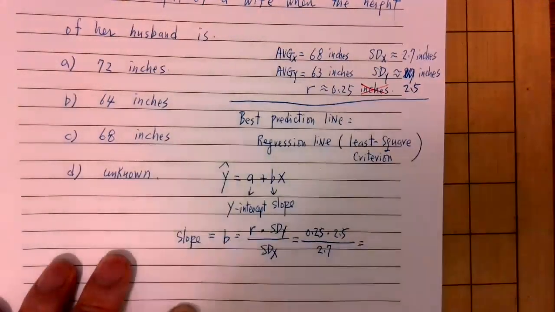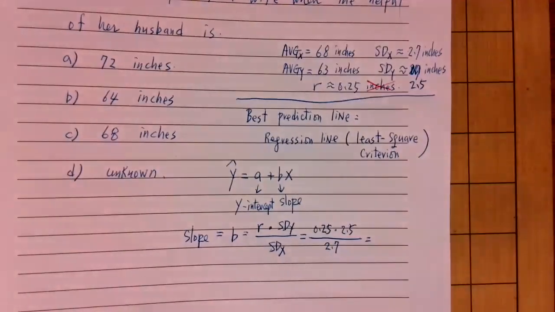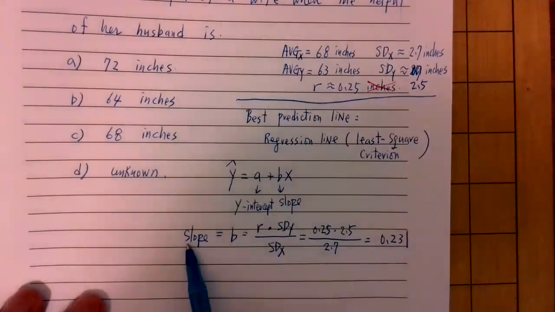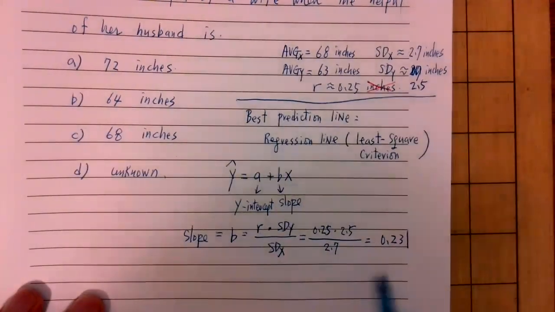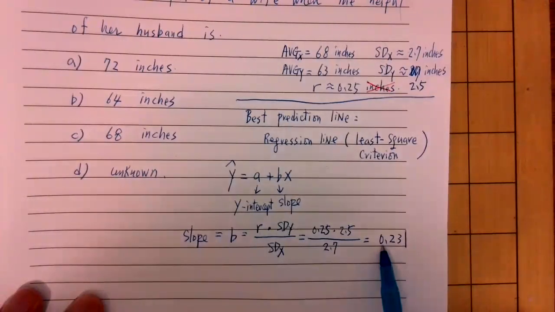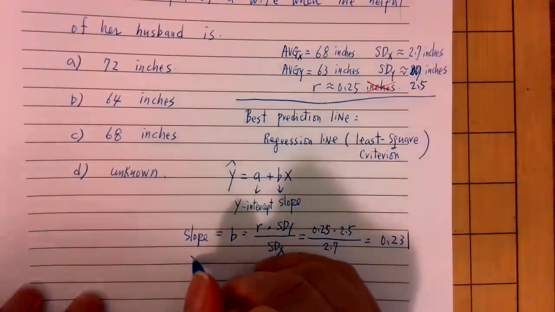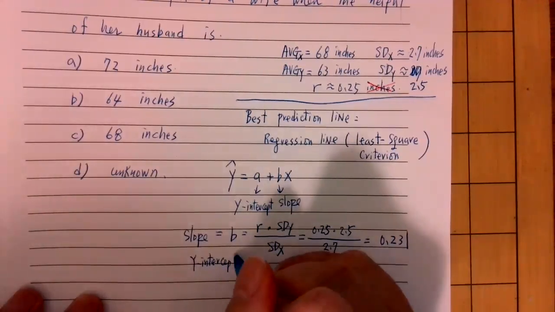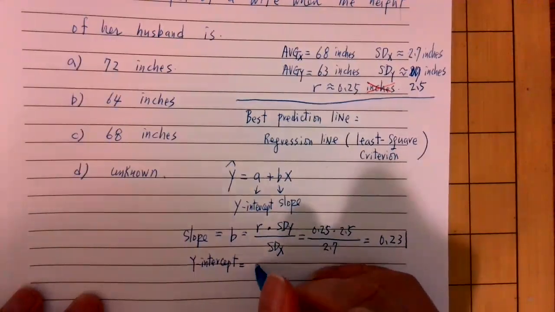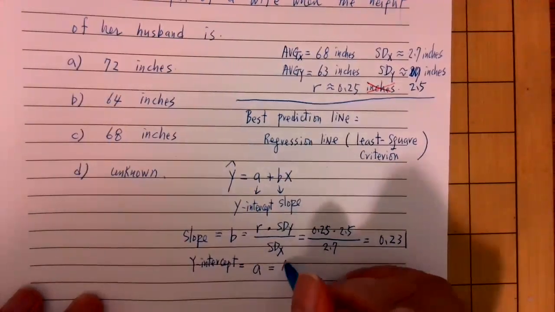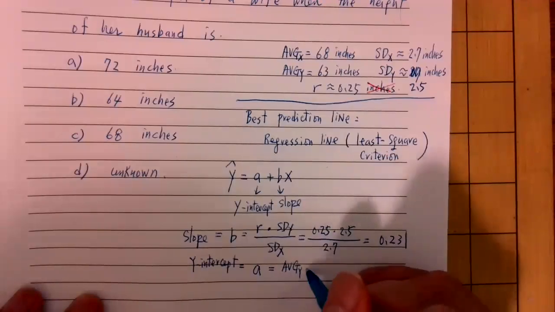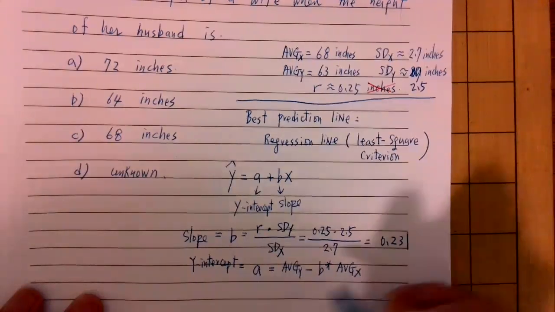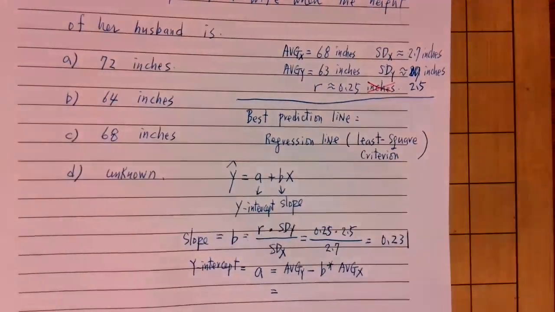So following the formula, the slope is roughly equal to 0.231. And how about the y-intercept a? A is average y minus b times average x. So let's plug in the numbers to see what we get.